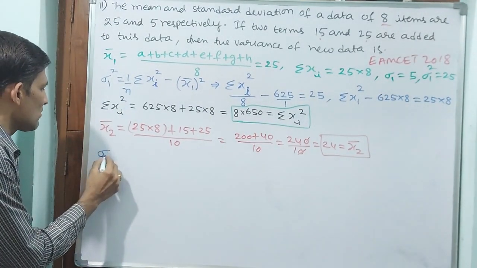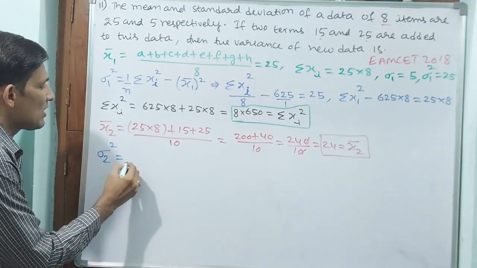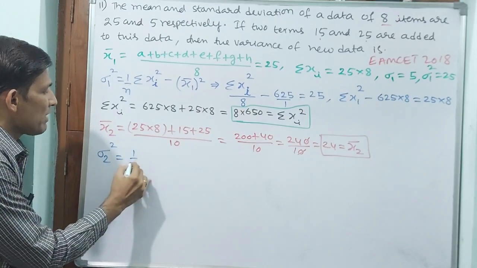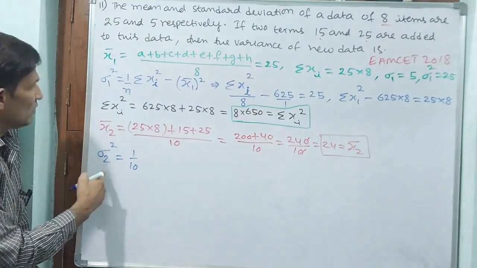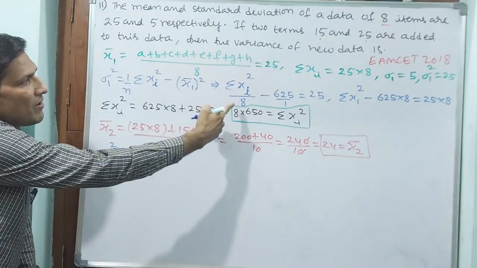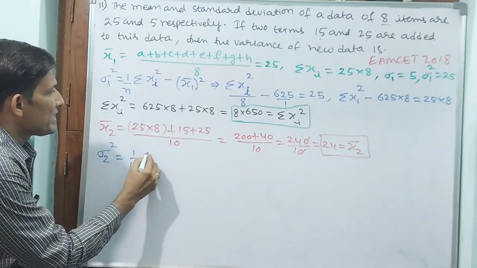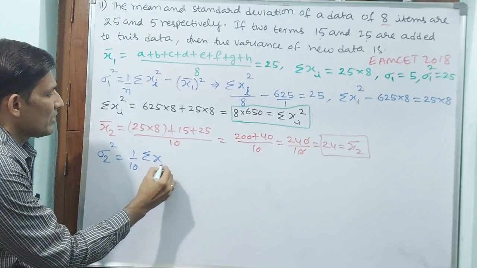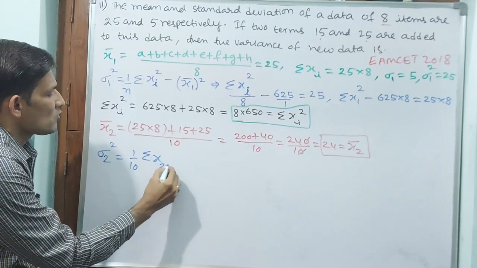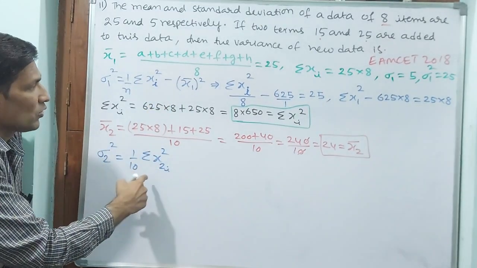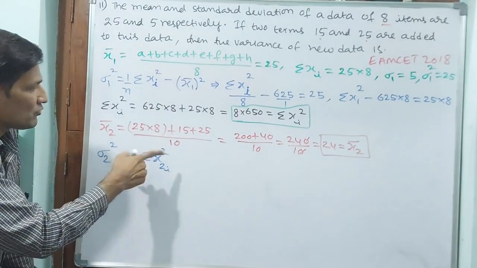How we are going to make sigma 2 square? Sigma 2 square is equal to, see, 1 by 10. Why? Because now we have changed. Sigma 1 means 1 by 8 only. But now not 1 by 8. 1 by 10. 1 by 10 sigma x2i square I am writing. Why? Because earlier xi square was there. Now x2i square I am writing. Why? Because this series have changed.